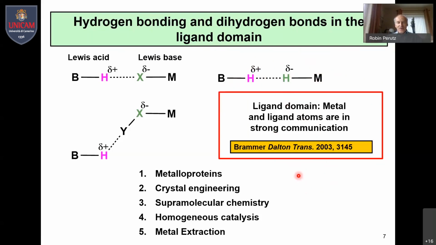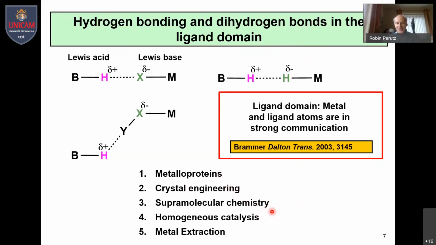So what sort of molecules can we look at to see the importance of the hydrogen bonding? Well, I've put at the top metalloproteins, and I'll illustrate that in a moment. Crystal engineering, that relates to the MOFs, for instance, but is a much wider aspect.